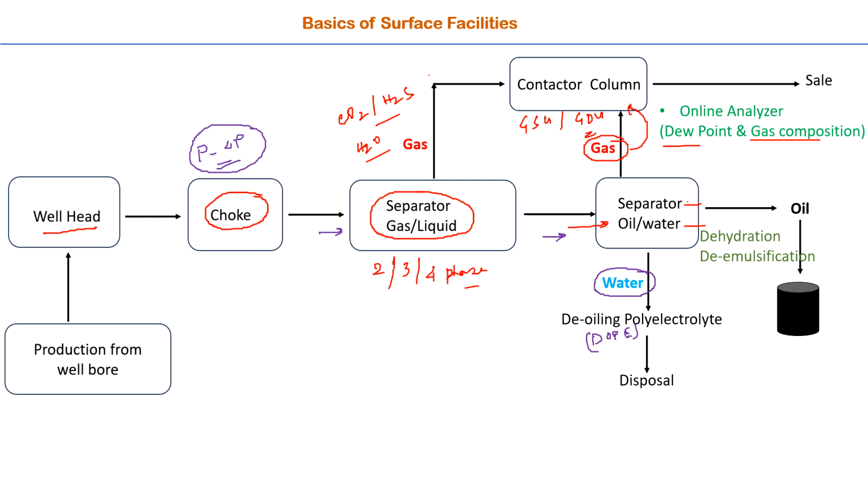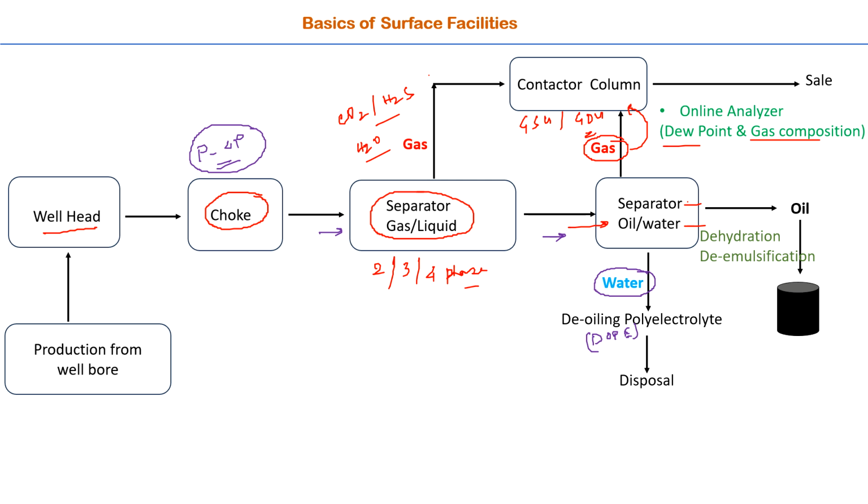So we have to remember that with every stage of separation at the surface, the pressure is gradually reduced, and this is the reason the oil fluid is flowing.